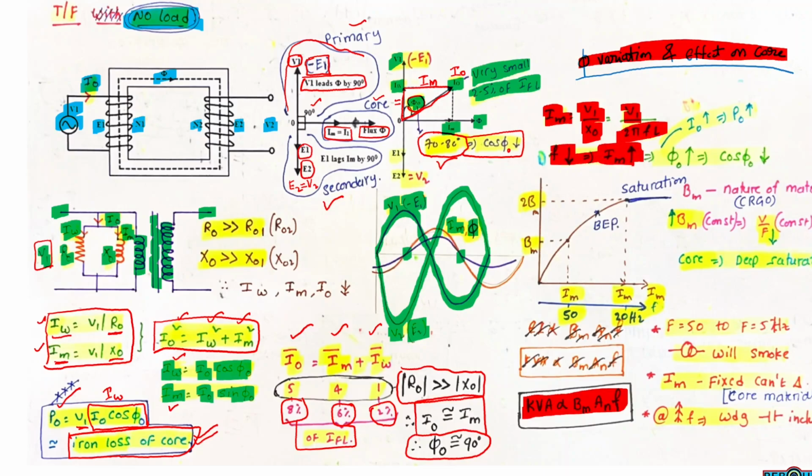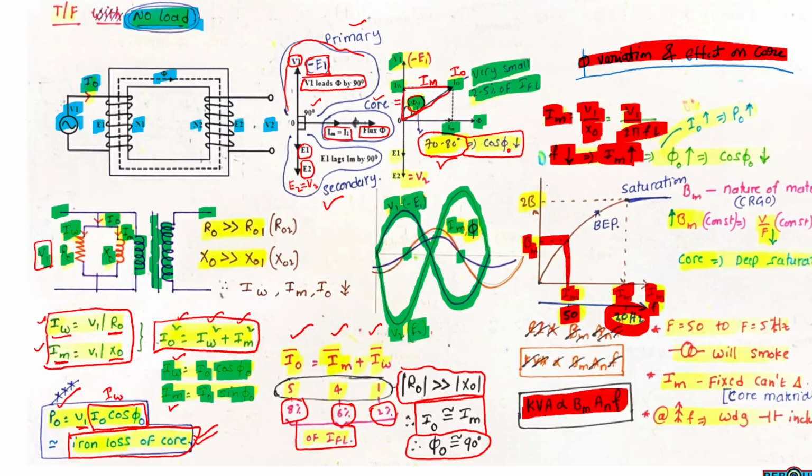This is the graph of frequency, magnetizing current and flux density Bm. This is 50 Hz, the corresponding magnetizing current is this, and the corresponding flux density is Bm. As the frequency decreases, this is the new frequency of 20 Hz and the corresponding magnetizing current.